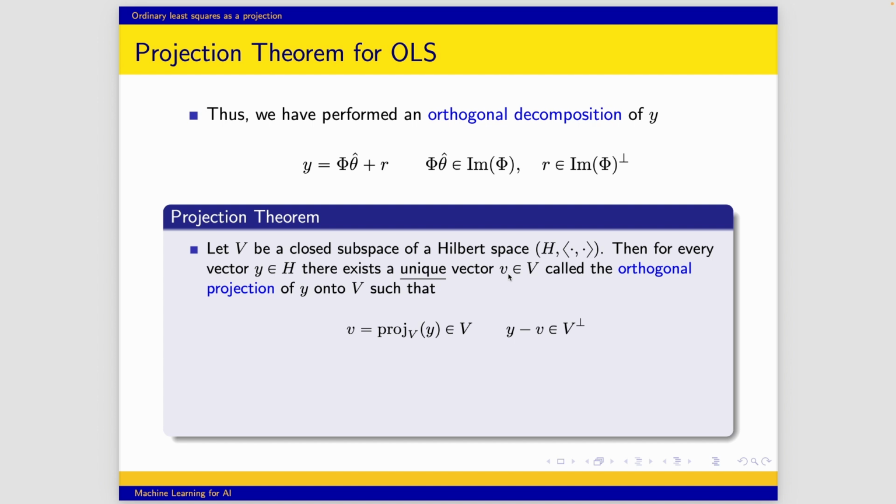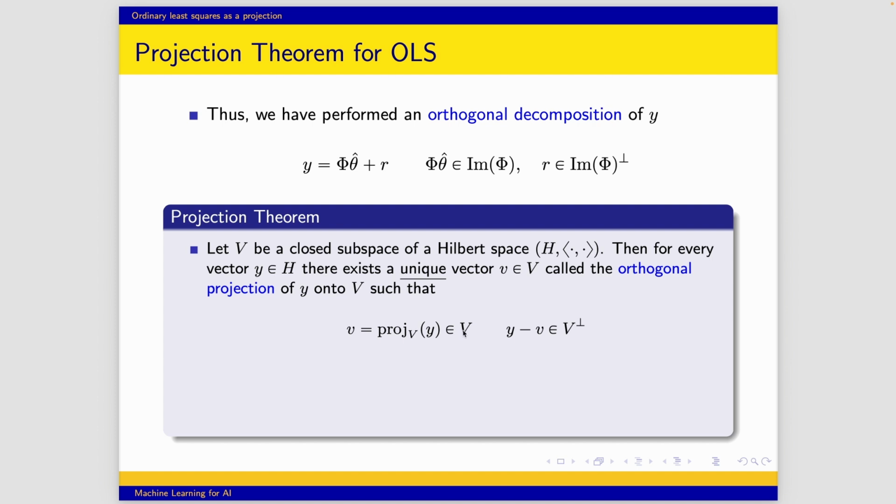Let's call it little v, which is termed the orthogonal projection of the vector y in H onto the subspace V. And we write it like this: v is proj_V y, the orthogonal projection of the vector y onto the subspace V. And that lies in V. The projection always lies in V. By definition, it lies in V.